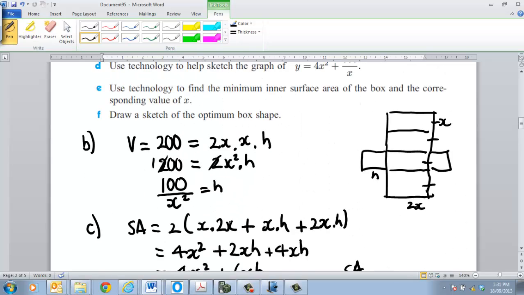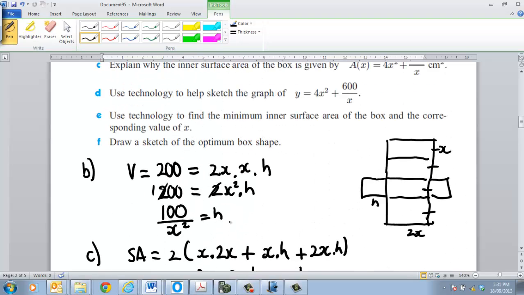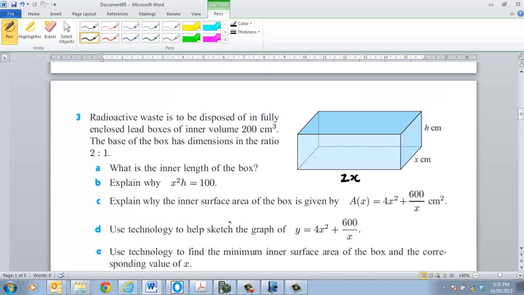The last part of this question is to draw the optimal box shape. Really it's asking you to draw the box, which is already drawn up there, and then put the values on. We know x is 5.31, so what's 2 lots of that? That's equal to 10.62.